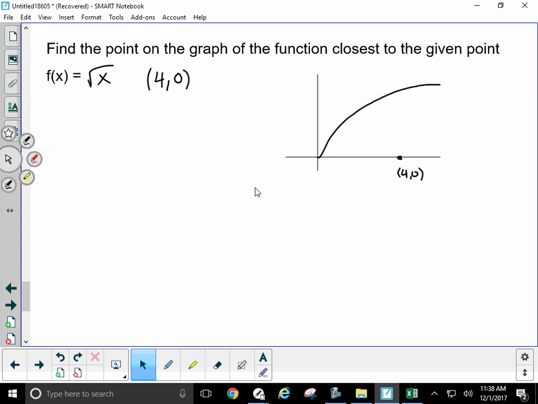All right, so it seems like a very, very tough question. Which point do we think is closest to that point 4, 0? Well, we're trying to minimize, not maximize like the other situation, minimize the distance.